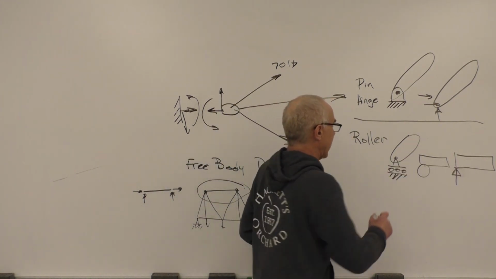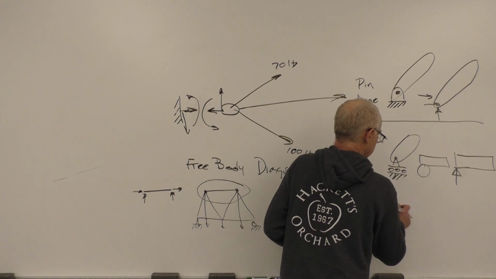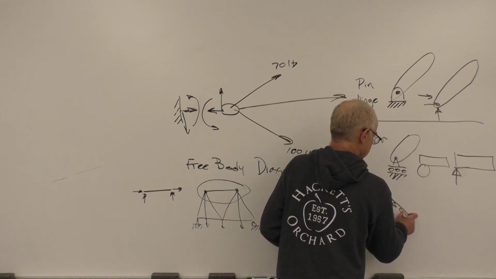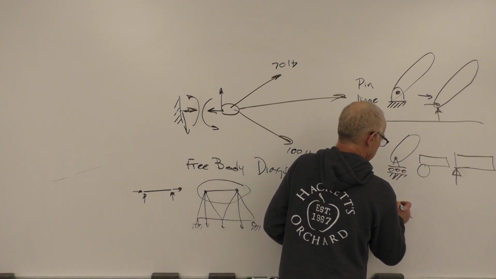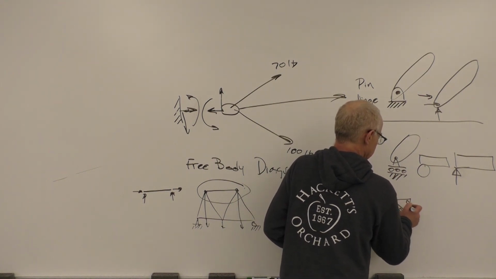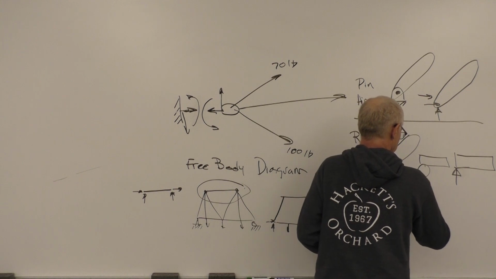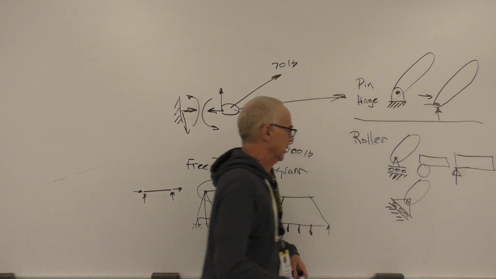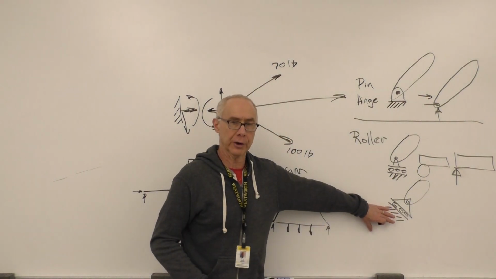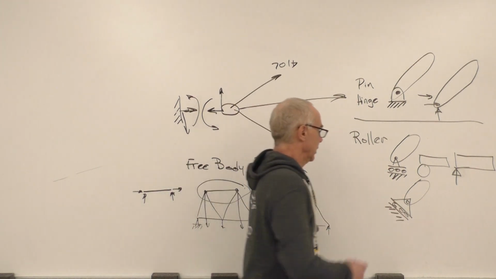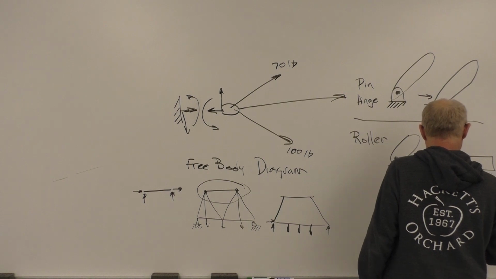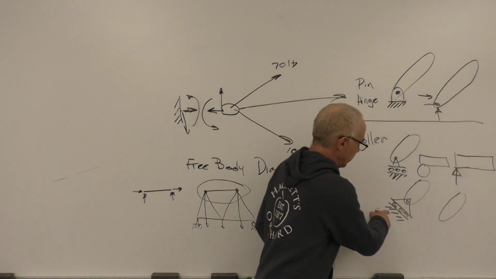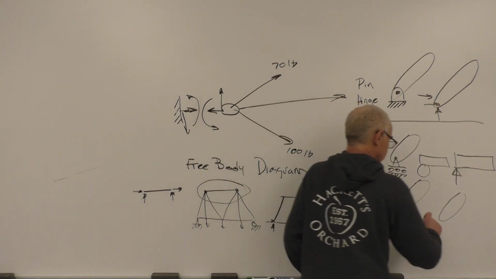Now actually you could have a roller which is on a slanted surface like this, and again like that. Then we draw our hinge here like this, and I'm going to draw my member, and I'll just draw a kind of short member. So here's a roller on a slanted surface, and in this case the force is going to be perpendicular to that surface.